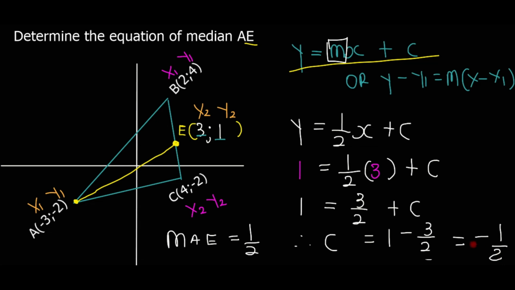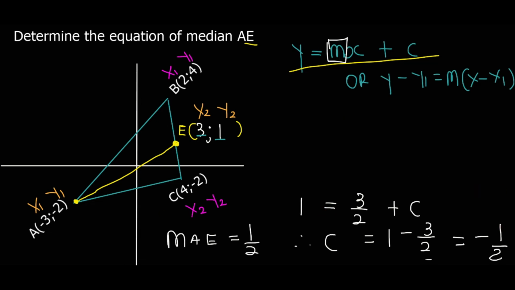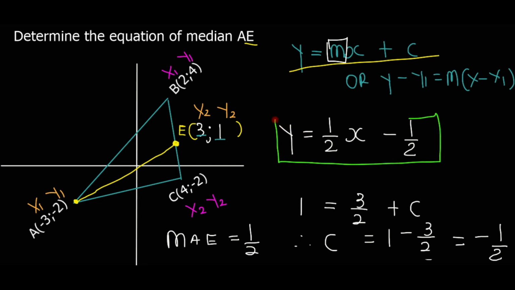So I have found point C. So from there I substitute point C and then find the equation. So my equation is y is equals to, because my gradient is half, and then my point C is negative 1 over 2. So this is my equation. Remember, you can use this formula and still create the same thing. So this is my answer anyway.